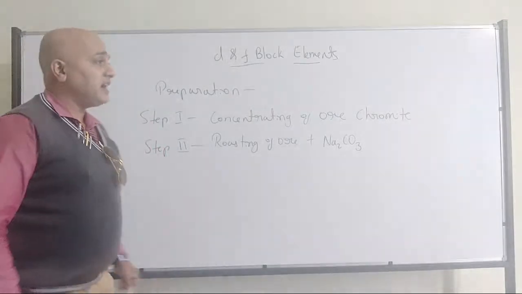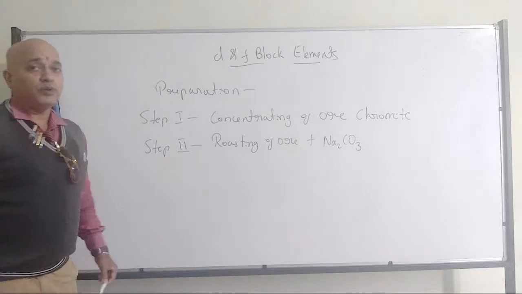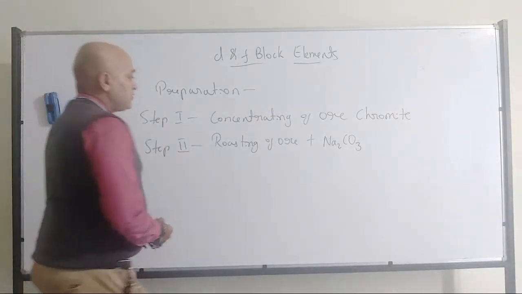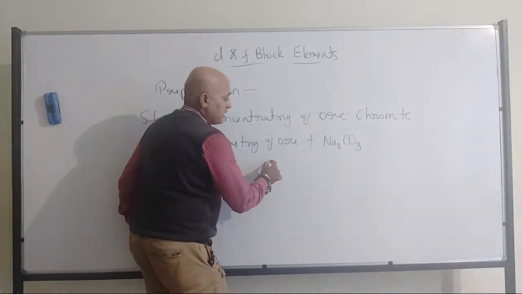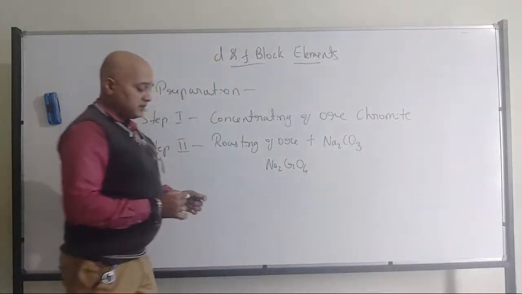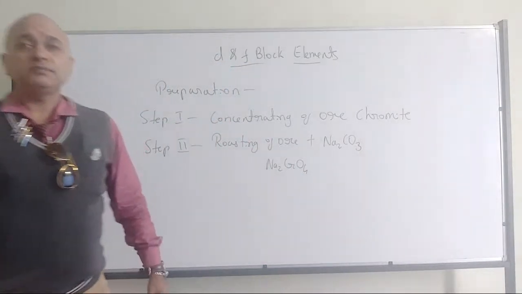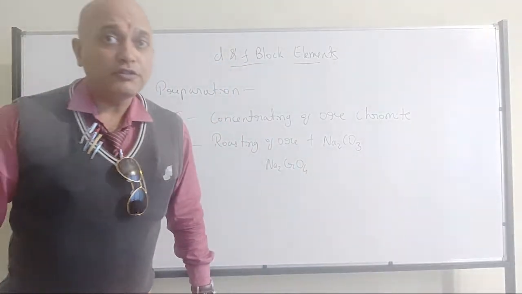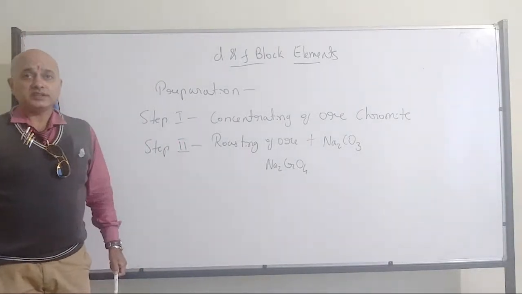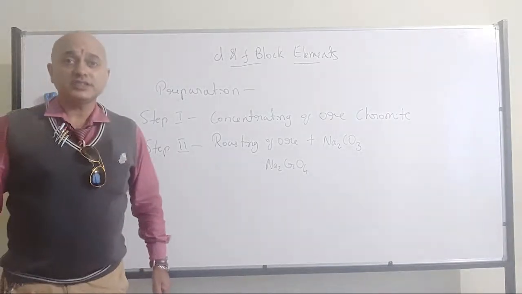So that's where we have the roasting of ore in the presence of sodium carbonate. What we are going to get here is Na2CrO4, sodium chromate, as the product, because we are going with the roasting.